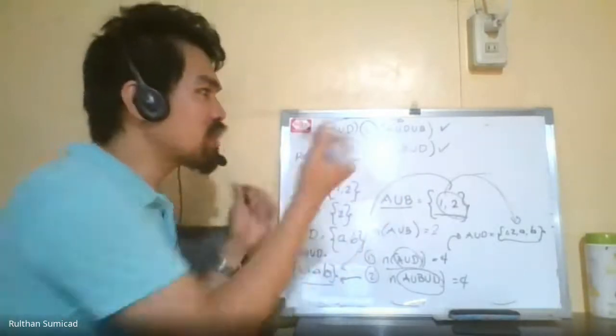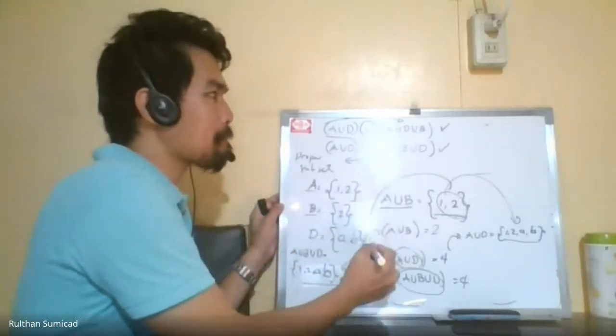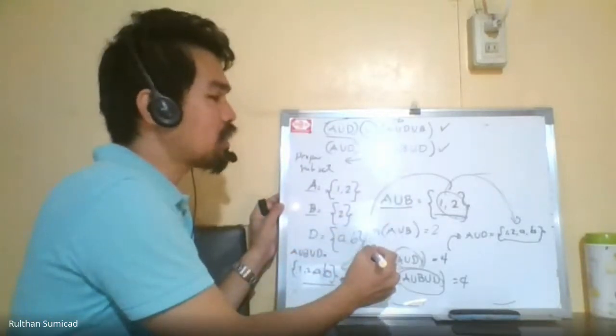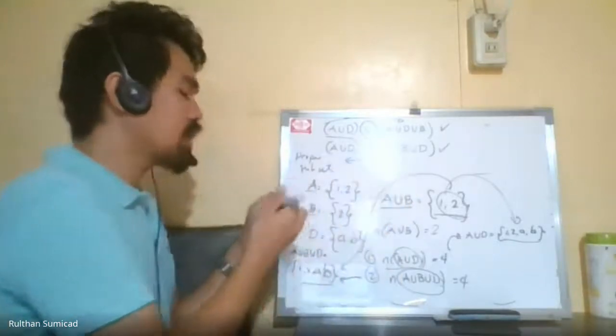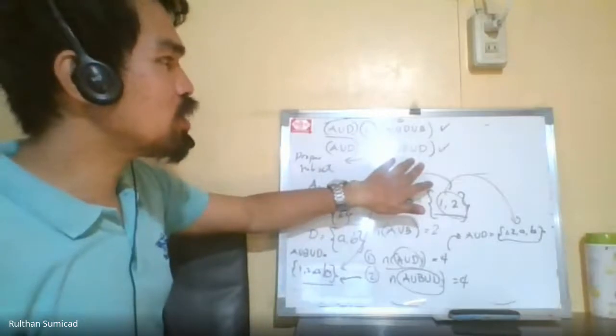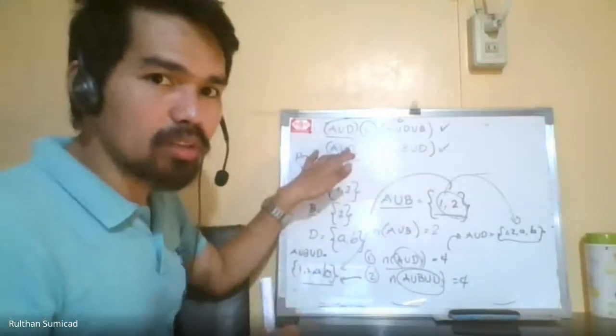But do you think I can reverse this? Wait. Can I reverse this one? Meaning A union B union D is a proper subset of A union D. Is it true?